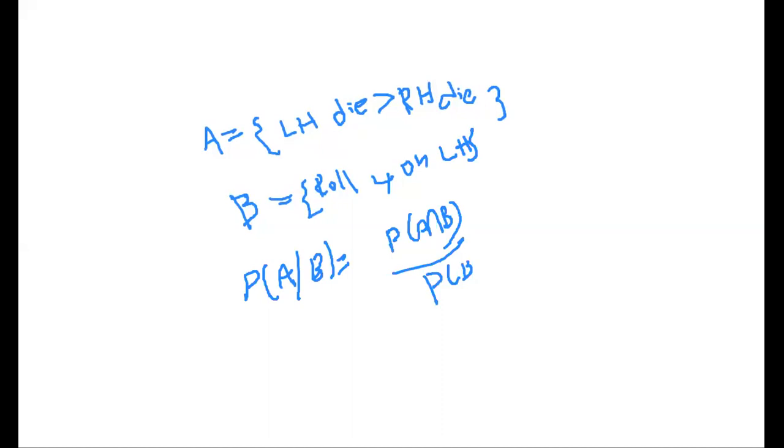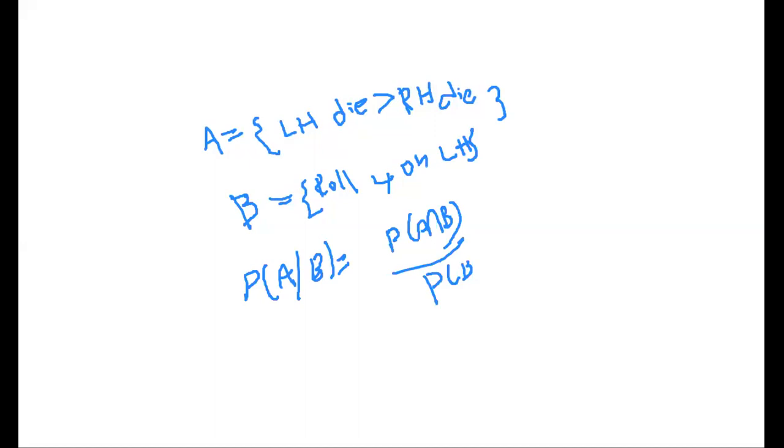See here, it is 2,1 because the left hand die value should be greater than right hand: 2,1, 3,2, 4,3, 5,4, 6,5. Till here, this triangle will form A. What is B? B should have the value 4. This fourth row completely will be in B.